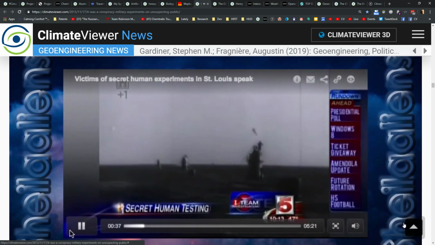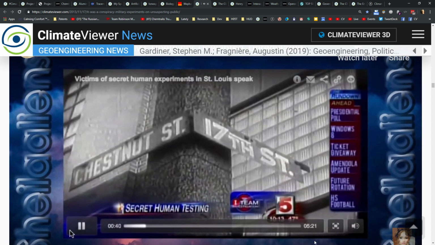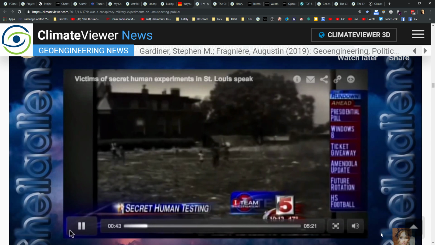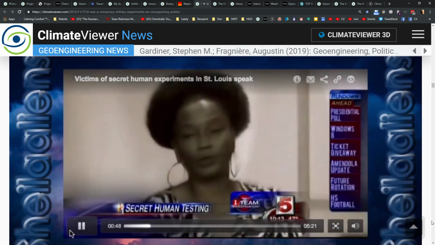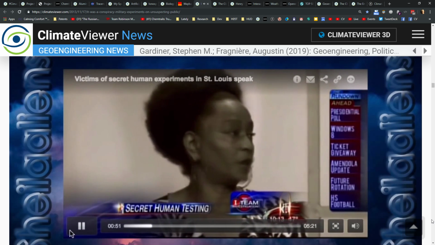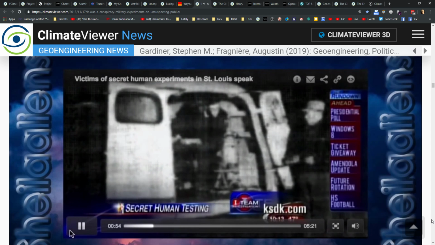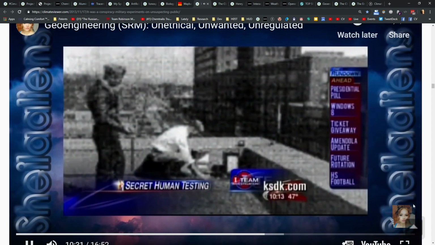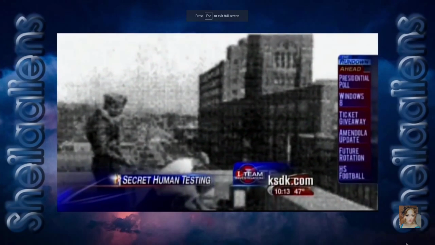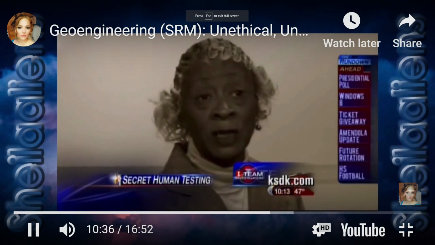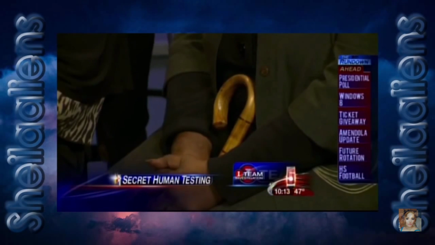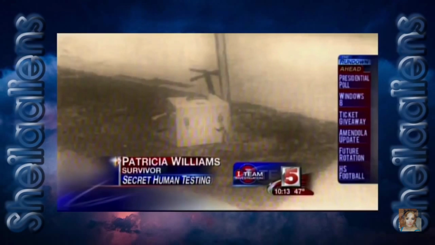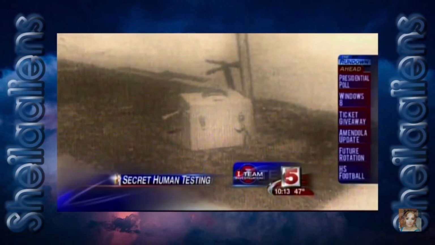In the early days of the Cold War, the Army arrived in St. Louis and began spraying zinc cadmium sulfide on children and families who lived in and around the Pruitt-Igoe housing projects. They said we were living in the project, but we were the project. No one questioned why the Army placed chemical sprayers on the backs of cars and the tops of buildings. Many thought they were killing mosquitoes. Why would you do that when you know you was not spraying for bugs? You was spraying for people. These are some of the grown children exposed to zinc cadmium sulfide, now in their 60s. I remember the soldiers coming and taking chains and chaining the box, the black box, to the light post.